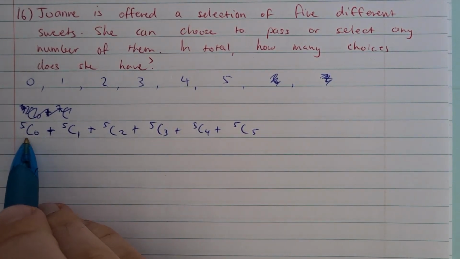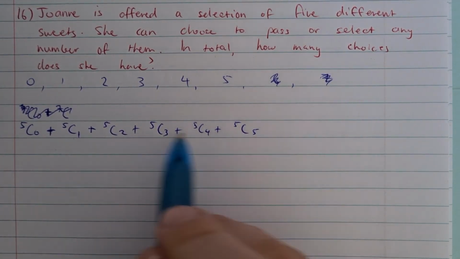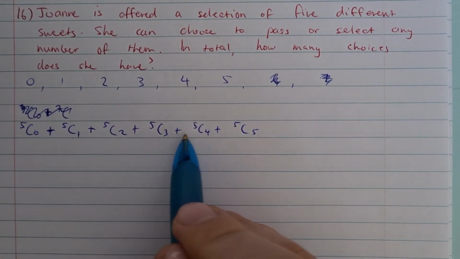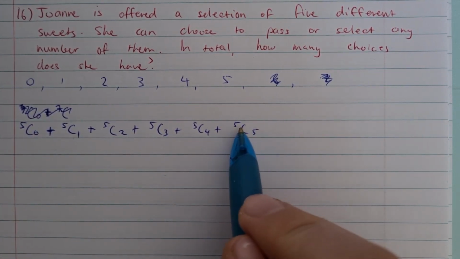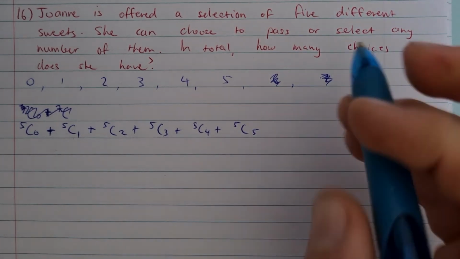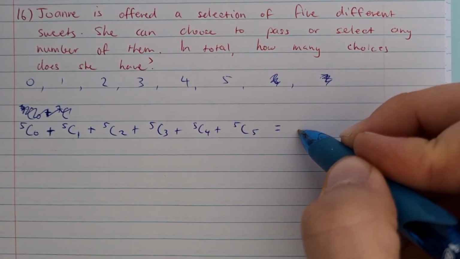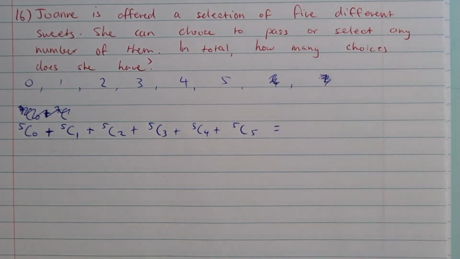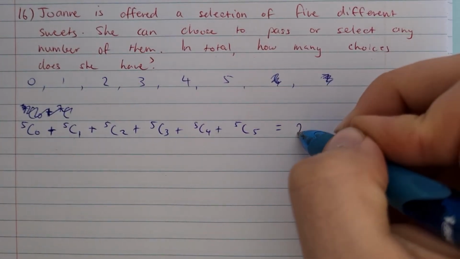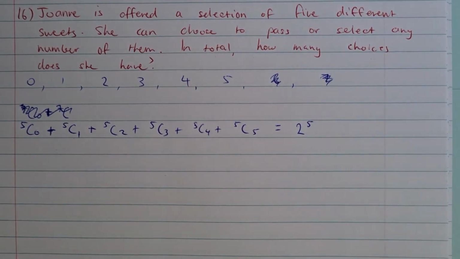Now there is a shortcut rule when you have this. When you're adding all the combinations up from 0 all the way up to the number you want, like 5 out of 5, the shortcut is it just ends up being 2 to the power of the number of choices she has.